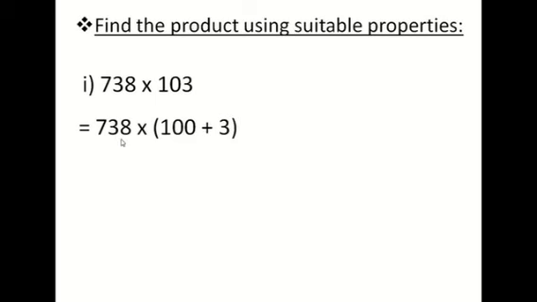If I denote 738 as A, 100 as B and 3 as C, we can find the relation with some properties. It is written as A into B plus C. I am repeating, A into B plus C. Where have you got this kind of general form? In the distributive property of multiplication over addition.